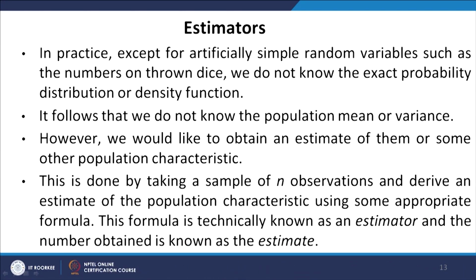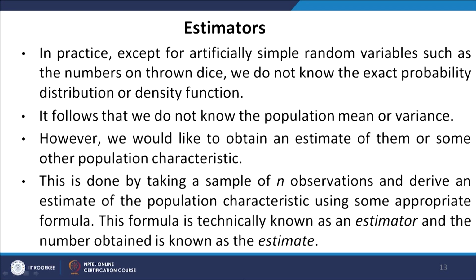This is done by taking a sample of n observations and deriving an estimate of the population characteristic using some appropriate formula. This formula is technically known as an estimator, and the number obtained is known as the estimate. So, estimators are the formulas which are giving us sample estimates of the population parameters.